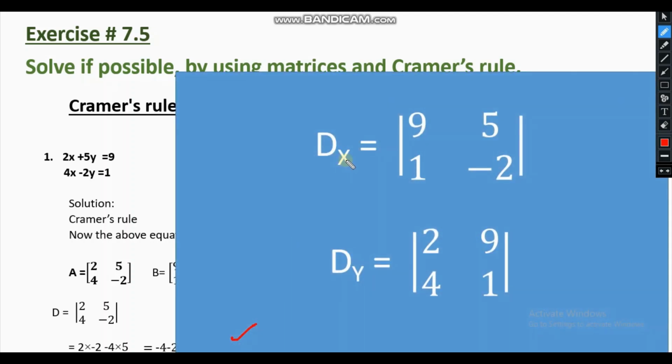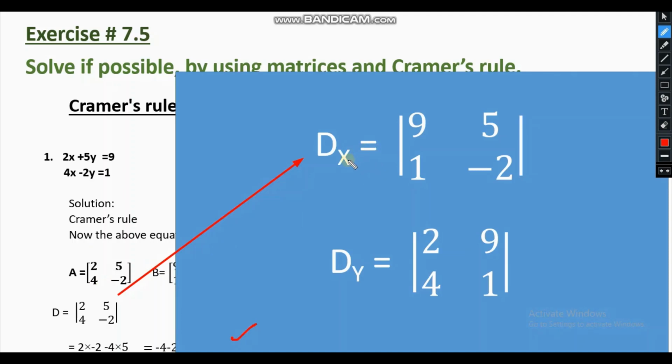So D of x means determinant of x, and determinant of y. This is the most important example for you. Now first, if we find the determinant of x, the x column values will be replaced, so 9 and 1 we will put in place of 2 and 4.